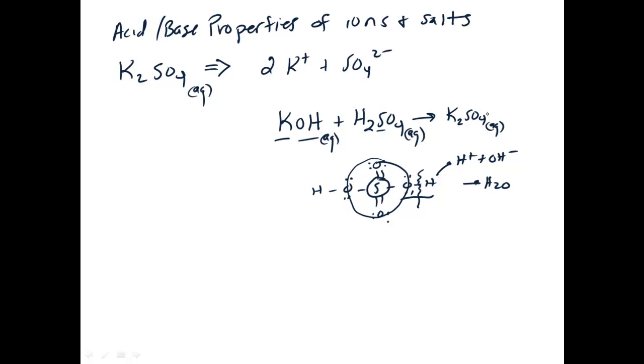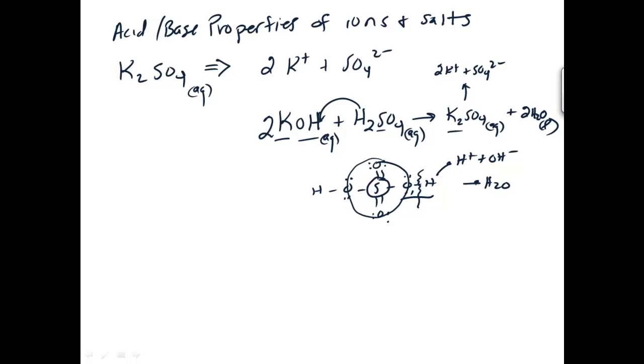So really, in reality, what we have here in solution is two potassium ions and a sulfate ion. And then what we also have is the hydrogen ions combined with the hydroxide ions, and we have to put a 2 in front of this to balance the potassiums out. The other product we get is 2 moles of H2O liquid.